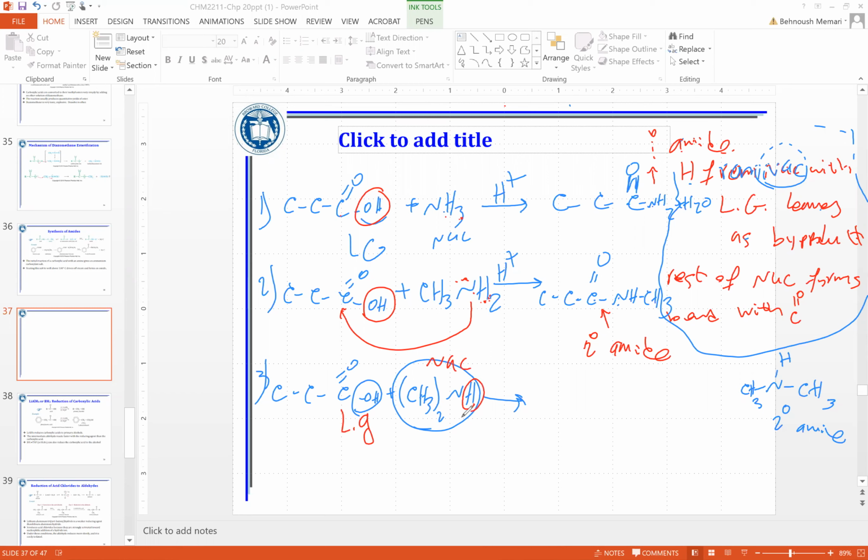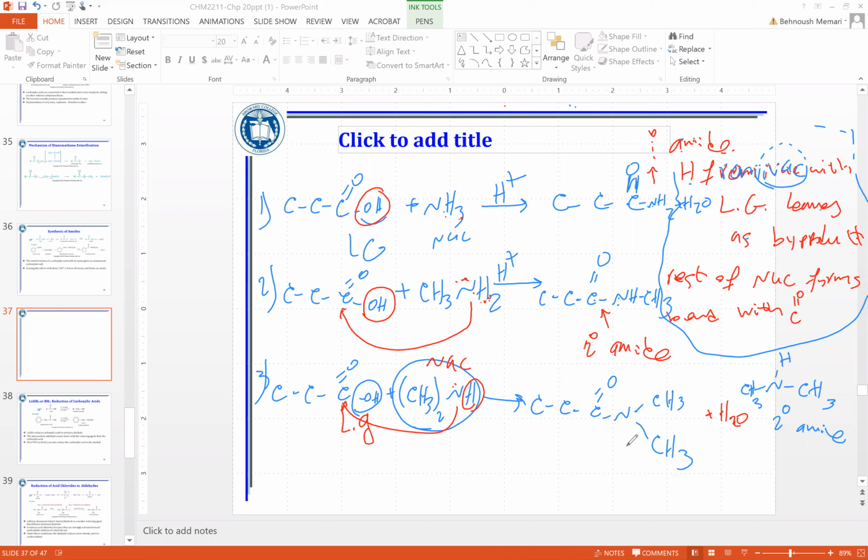A hydrogen is the only hydrogen that we have here. With the leaving group, it would give us the byproduct. So we have H2O as a byproduct. The rest of the nucleophile is going to form a bond with the carbonyl carbon, and it would give me an amide, with N, CH3, CH3.